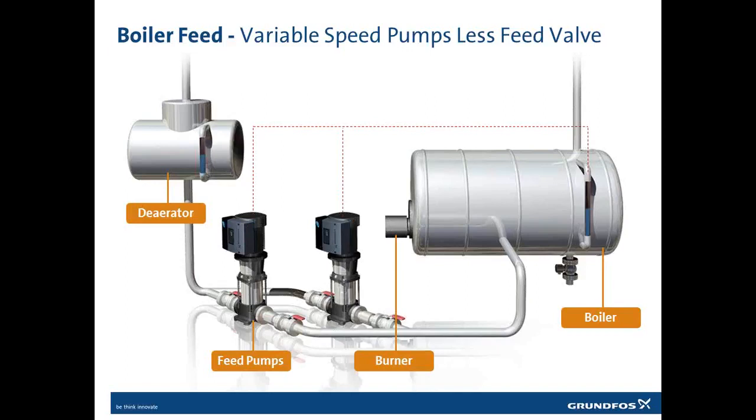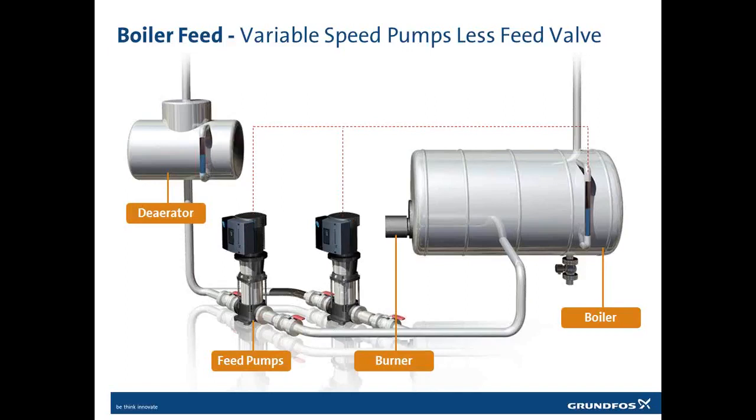We also avoid the bypass. That means when I am installing my complete system, I don't have to spend money on a bypass, because I don't need it now, because my pumps will simply stop. So there are some very good things about this system, and I think the best one is that you actually avoid your feed valve.